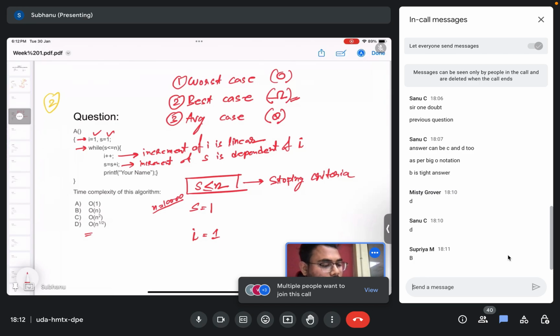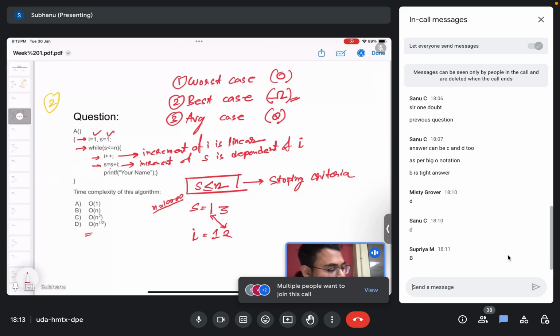If the condition is true, then we come to this step, i is equal to i plus 1, so i will be 2 now. Then what will s be? s will be 2 plus 1, that is 3. This is s is equal to s plus i, so this was your previous s and this is your current i. That's why you will get 3.